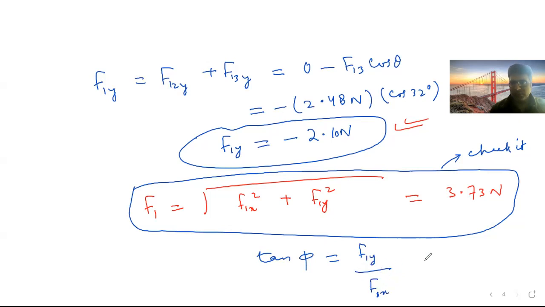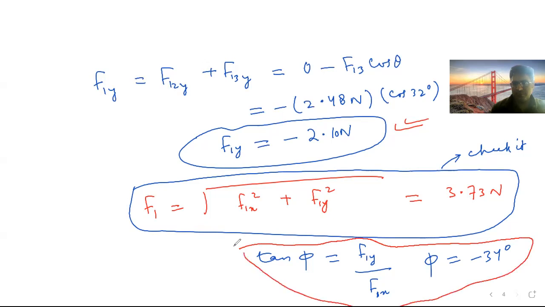When you do the calculation, phi will be minus 34 degrees. So the magnitude of the resultant force F1 is 3.73 Newton, and the angle made by this vector with the positive x-axis is minus 34 degrees. Let me encircle it. So we have solved our problem.